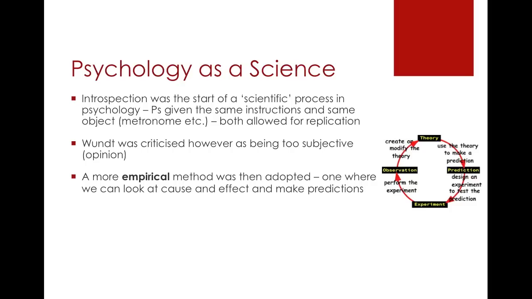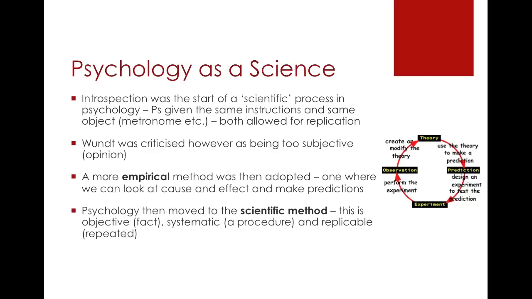We can look at cause and effect, which means, does one thing have an effect on another? And if you look at the scientific method that is now used, there are three important things that determine whether something is scientific and whether it uses the scientific method or not. Those are objectivity, being systematic, and being replicable. What objectivity means is that it's fact.